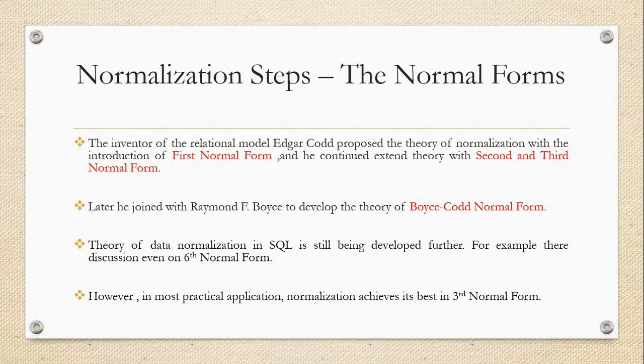Also we'll discuss what normal forms are available and who developed them. The inventor of the relational database management system, or the relational model, Edgar Codd, proposed the theory of normalization. We all know that the relational model was published by Edgar Codd, and he also proposed the theory of normalization.